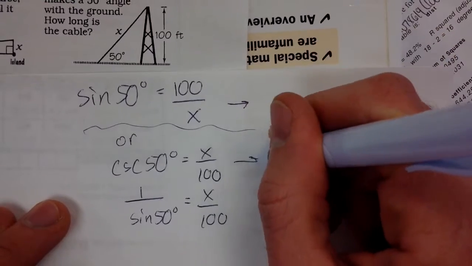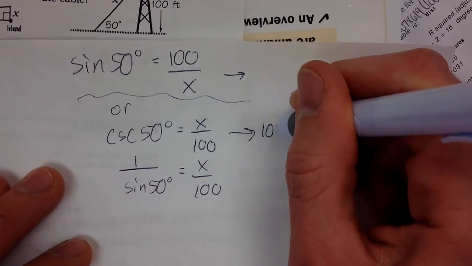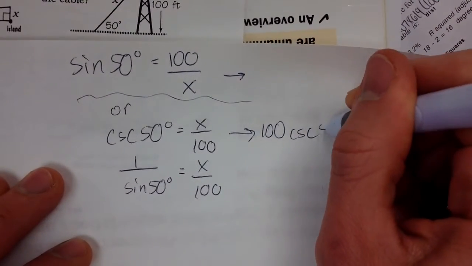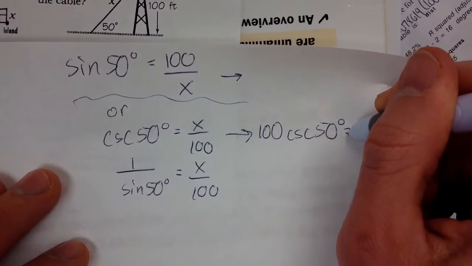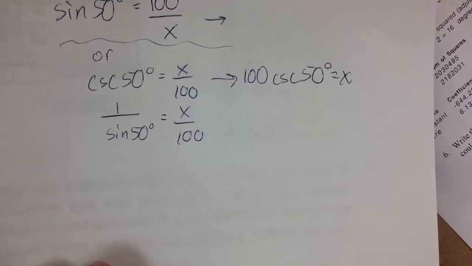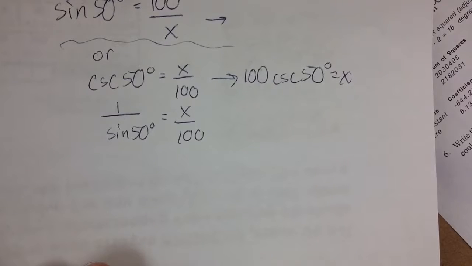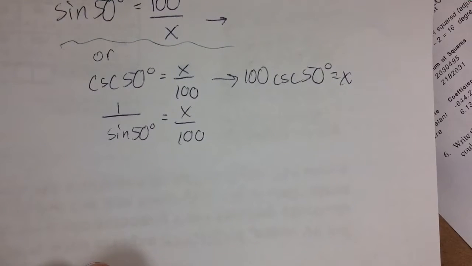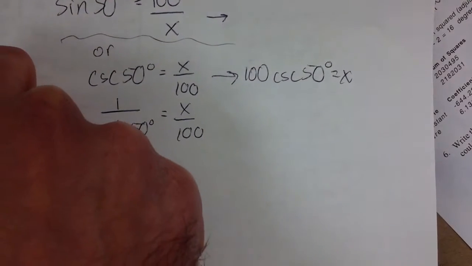Okay. So you're using this one. 130.54. So how are you getting 130.54?